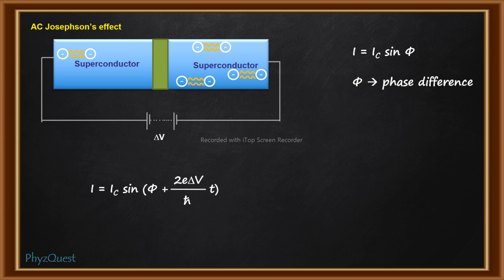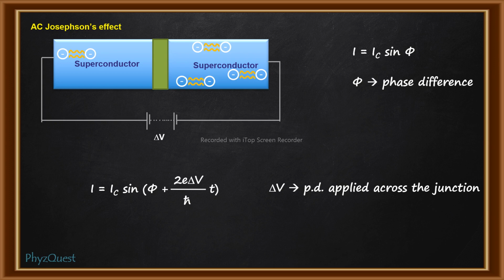Delta V is the potential difference applied across the junction. Why 2e? Because they are Cooper pairs, so two electrons are involved, which is why the 2 is added here. Since the current depends on time through the time-dependent phase shift term, this is an AC current.